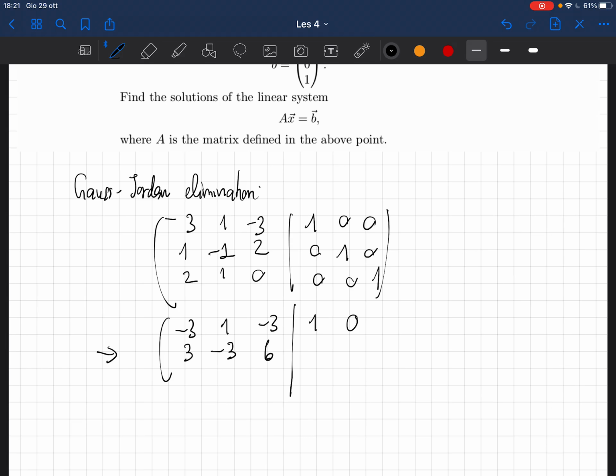This doesn't change, but here I multiplied by 3.